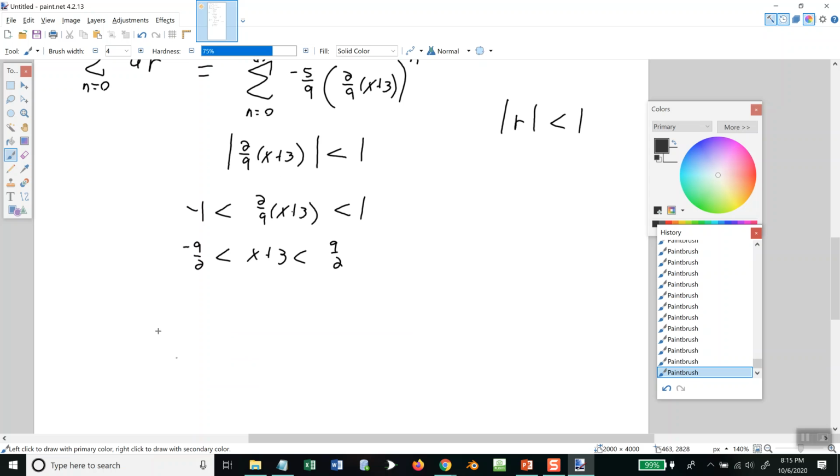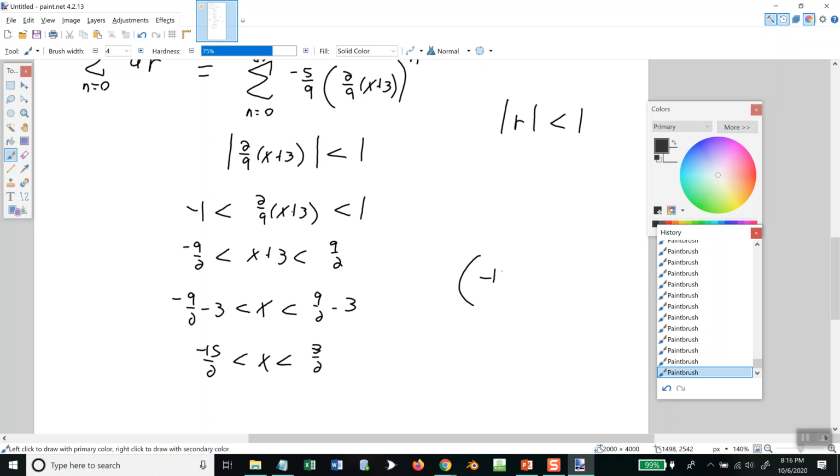Subtract 3 from all three sides. -9/2 minus 3 is less than X is less than 9/2 minus 3. What's that? -15 over 2 is less than X is less than 3/2. 6 over 2, yeah, 3/2.